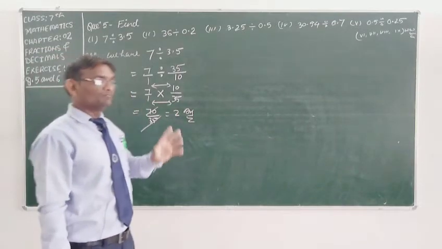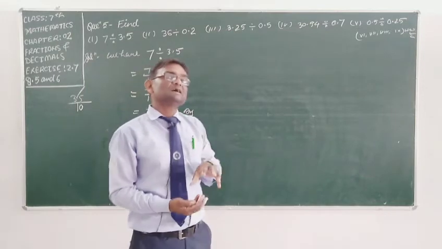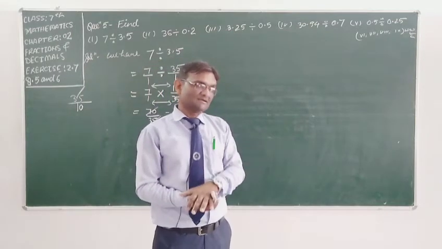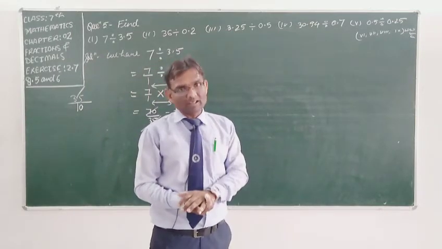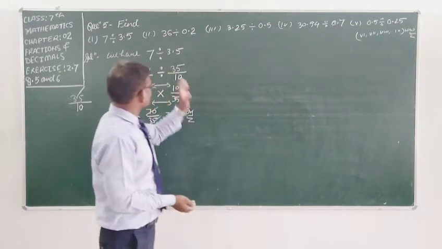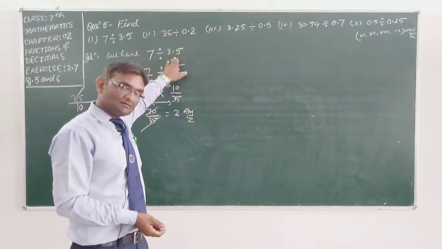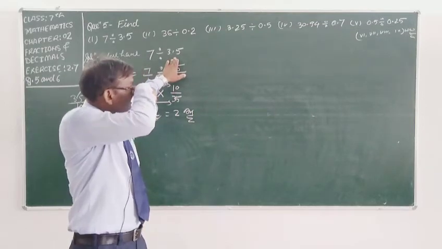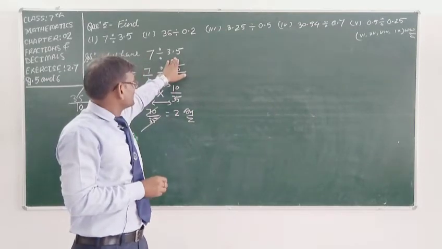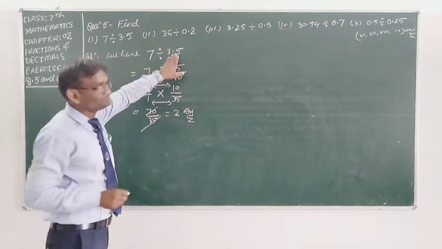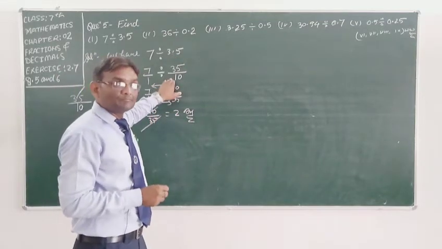What did I say? Firstly we change the whole number in the form of a fraction, meaning we write the p upon q form. After this, the decimal number we convert into a fraction. Also, how can we change a decimal number, sorry student, into a fraction?